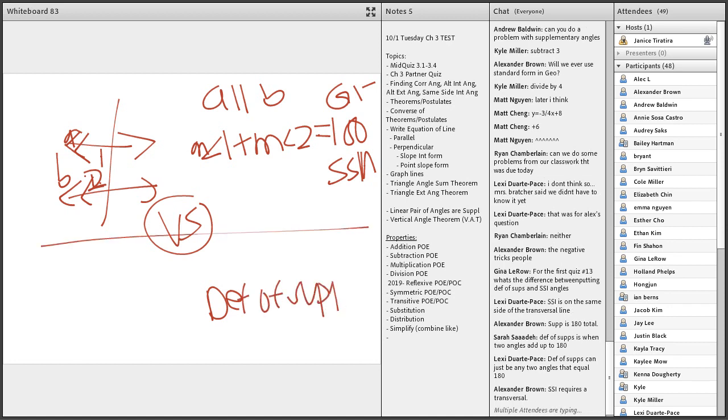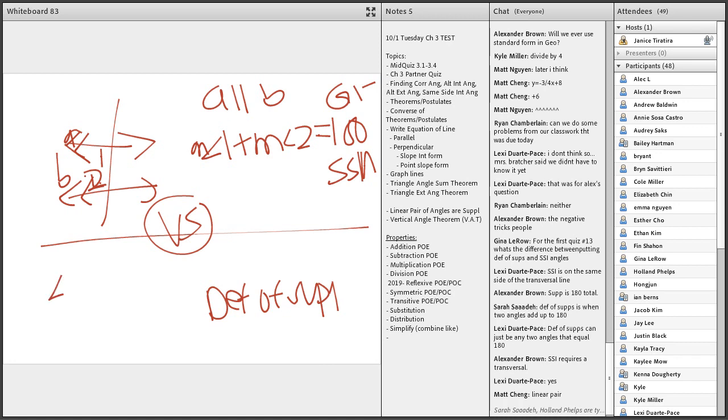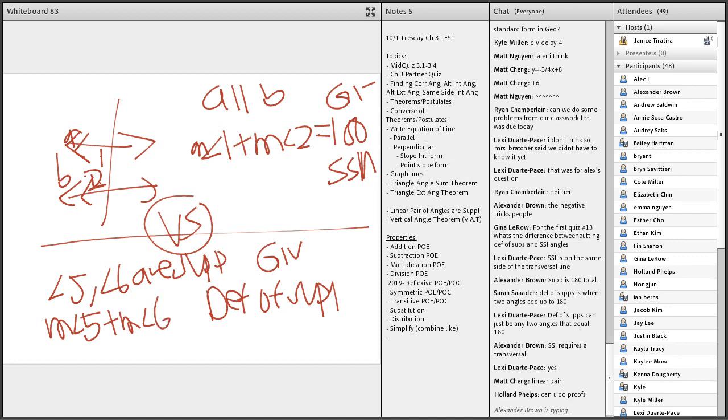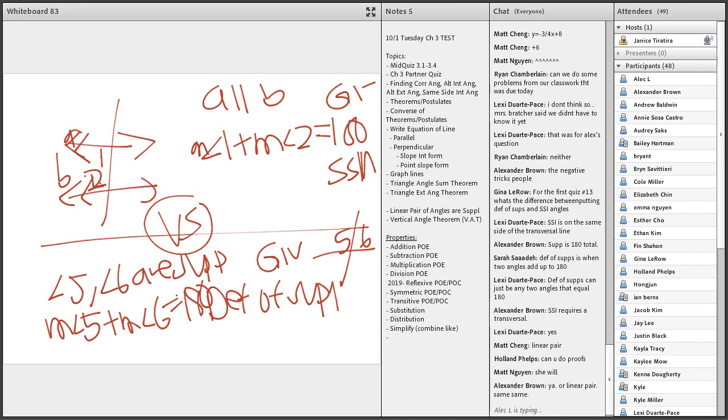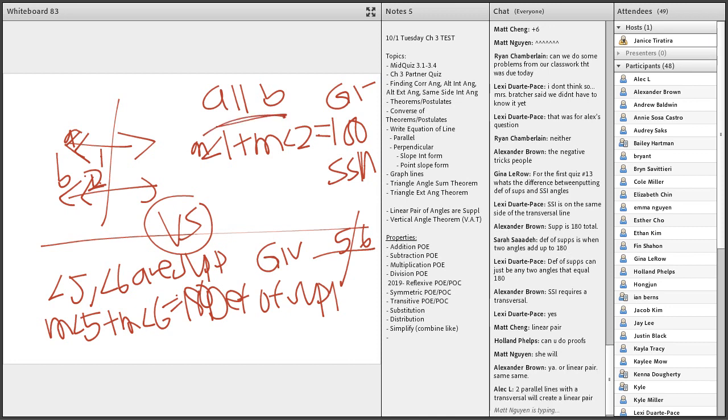That's when you have, for instance, angle 5 and angle 6 are supplementary. That's given. And then you write measure of angle 5 plus measure of angle 6 equals 180. And even in your picture, it might be something like this. It's not SSIA. Look at your picture, right? Or linear pair, exactly. So SSIA, you have to have lines are parallel, then you can state the fact, okay? But without lines parallel, we can't say anything about those SSIA.